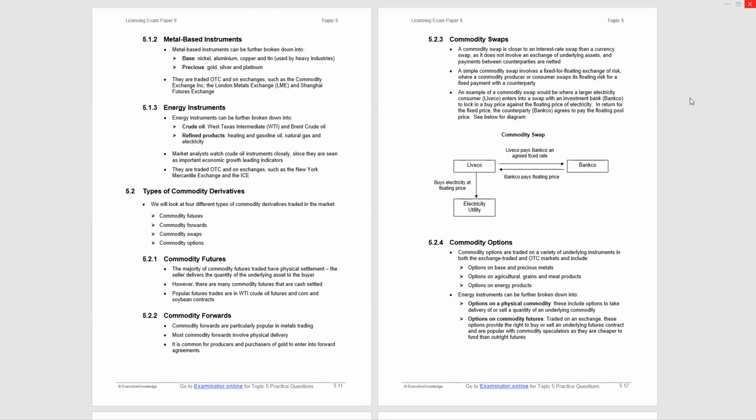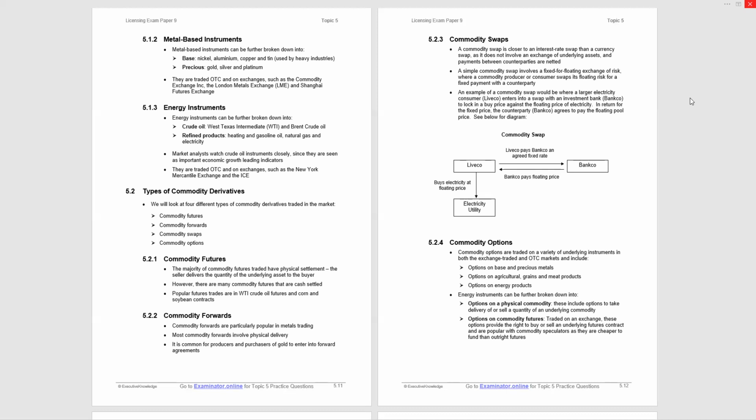And the diagram shows what's going on. So LiveCo is paying money at a floating price for electricity. It wants to get out of the uncertainty of changing electricity prices. And so it pays a fixed rate to BankCo, which in turn pays the floating price to LiveCo.